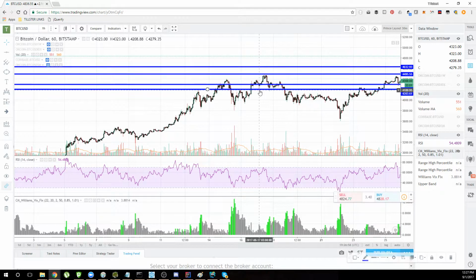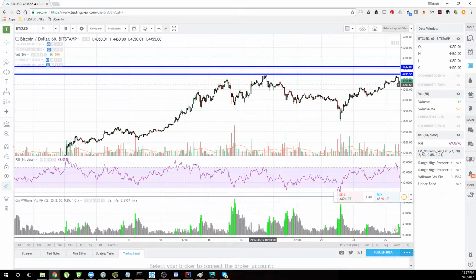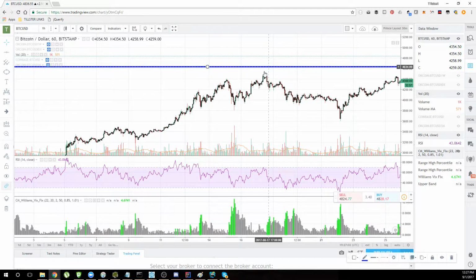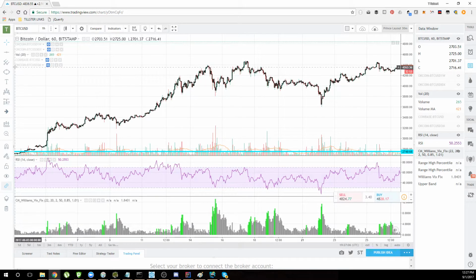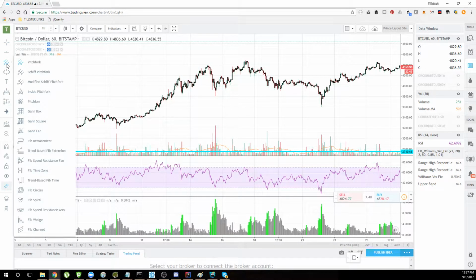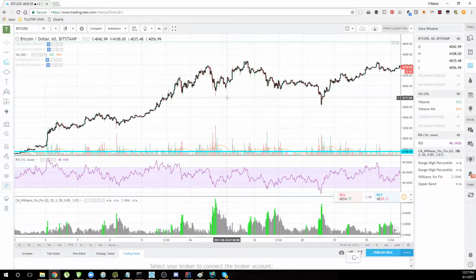Now, support and resistance indicators can really tell you a lot, but there's something that's even more interesting about these correlations that happen in the market, and that's that there are lots of different ratios that happen. For instance, the golden ratio.